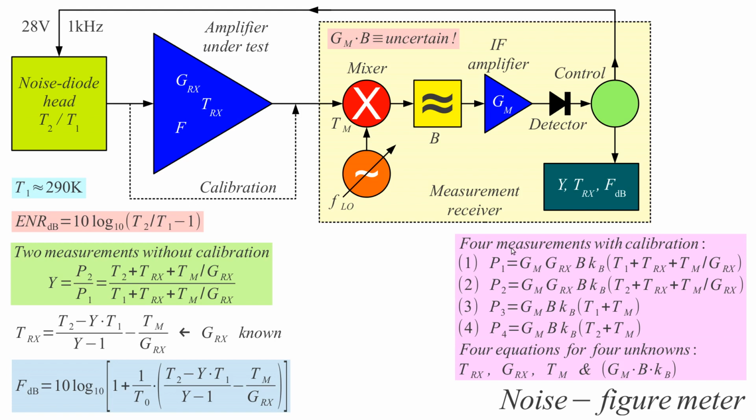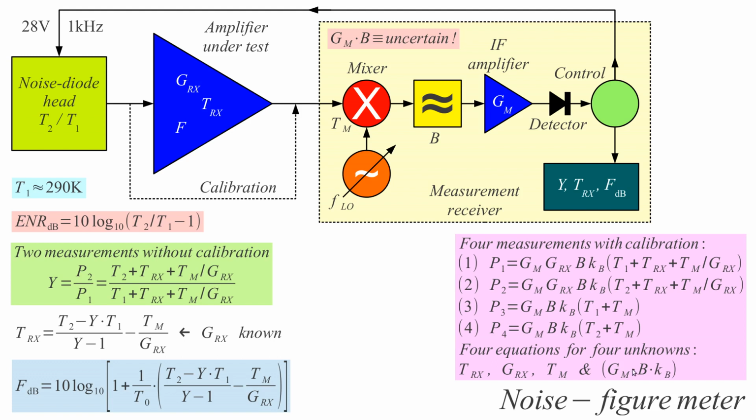We can solve a system of 4 equations for 4 unknowns. Temperature Rx, this is what we are measuring. Gain of the receiver, if we don't know it, it's welcome that we have it available. We can solve for the temperature of our test receiver, and for this unknown constant of our receiver. So we can characterize our receiver from these two equations.